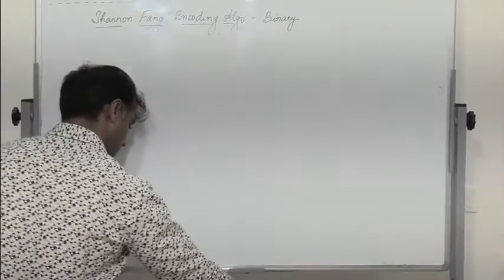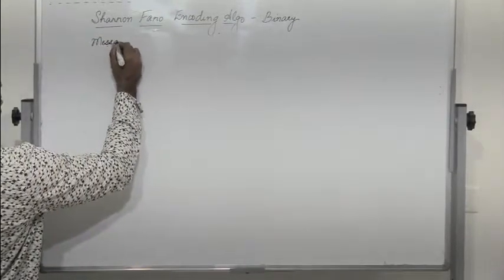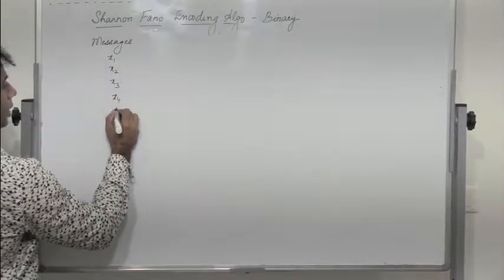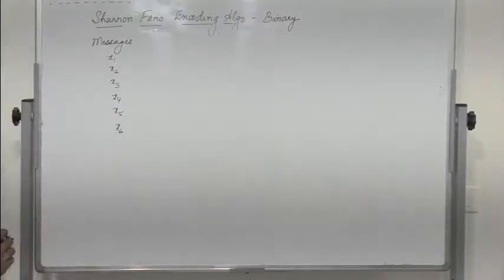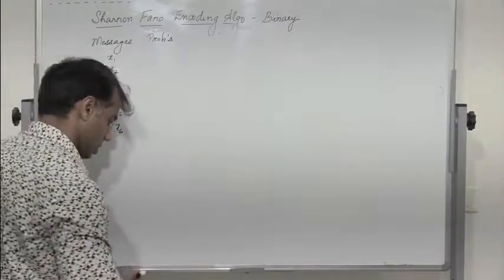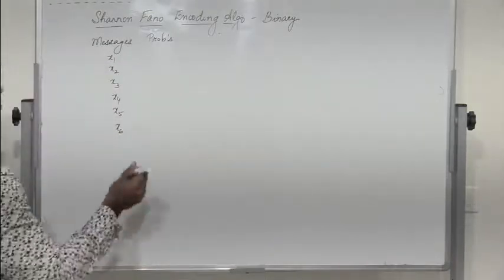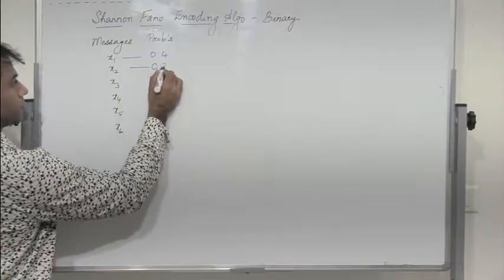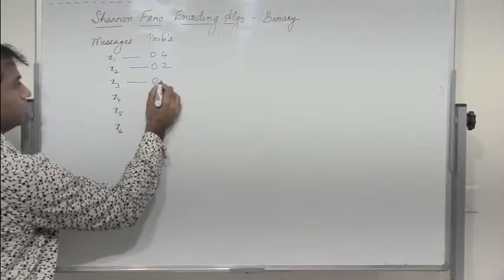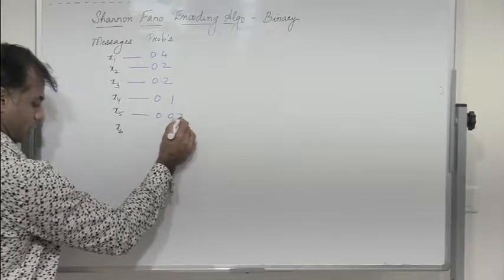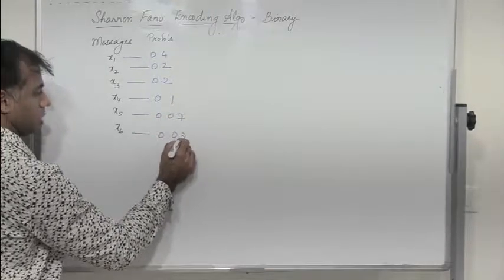Consider a problem wherein there are 6 messages, X1, X2, X3, X4, X5 and X6, and their probabilities are: X1 is 0.4, probability of X2 is 0.2, probability of X3 is 0.2, of X4 is 0.1, X5 is 0.07 and X6 is 0.03.